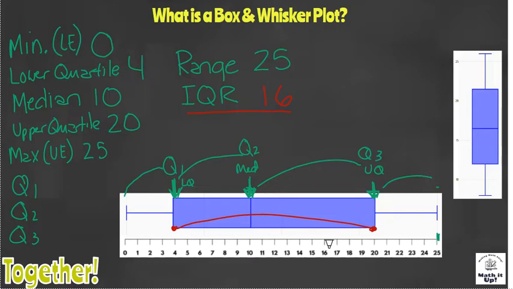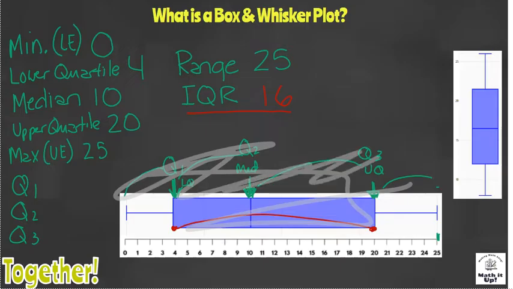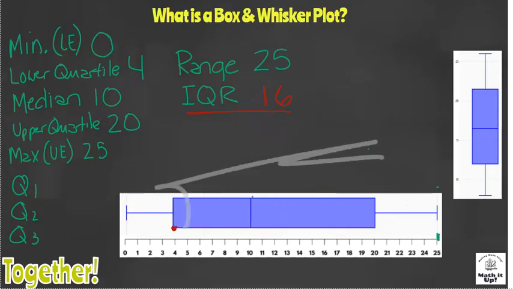So you would have your number line here, you would have one box and whisker plot here, and then you might have another one stacked over that that has different data, perhaps being reflected.